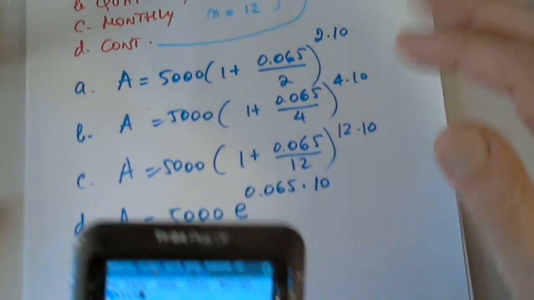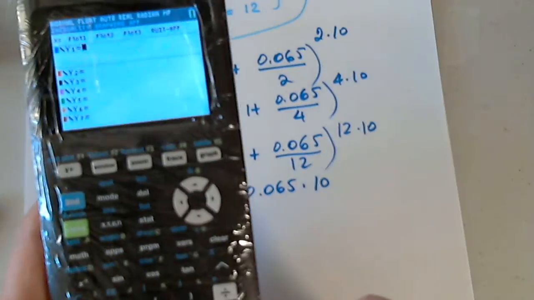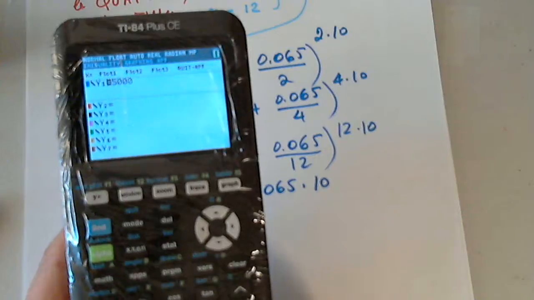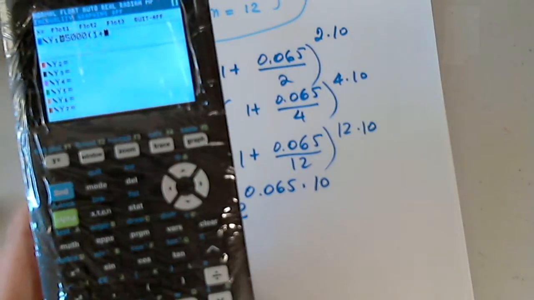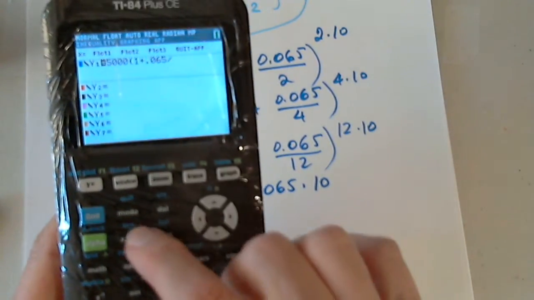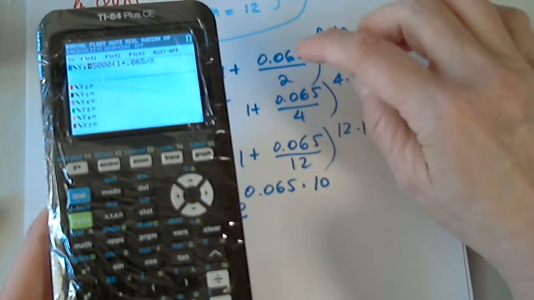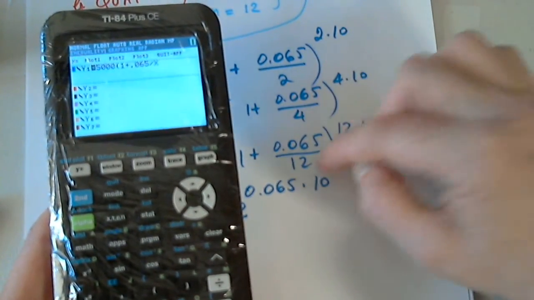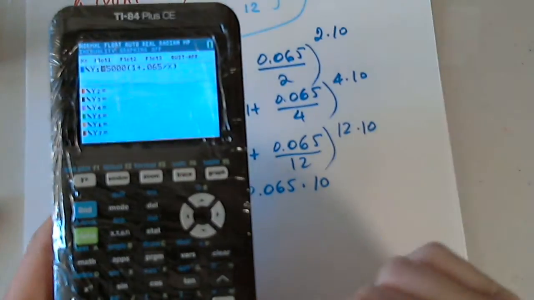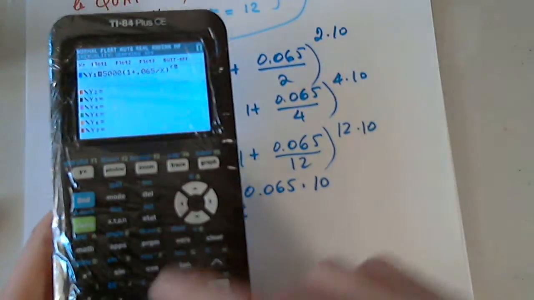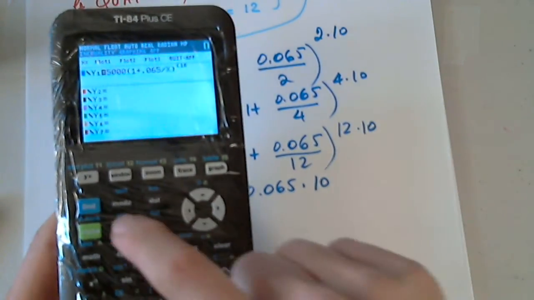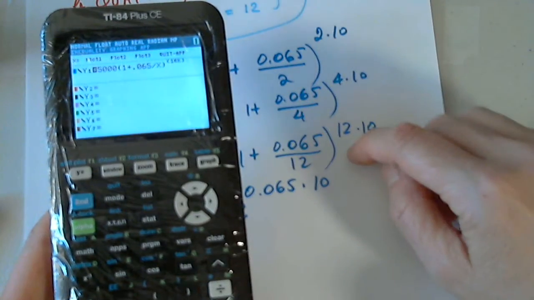You can do whatever you want, of course, but I recommend 5,000 parentheses 1 plus 0.065 divided by x, because I'm going to change x first to 2, then to 4, then to 12. Close the parenthesis, put a caret, and in parentheses 10x, because it will change over there as well.